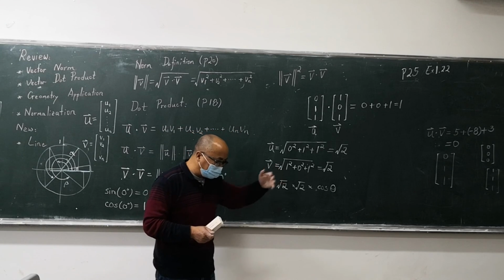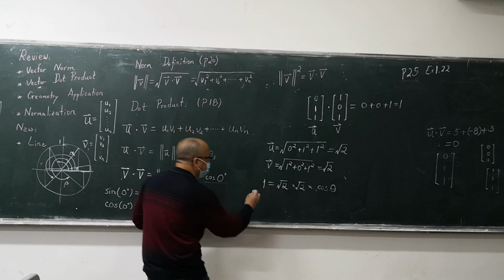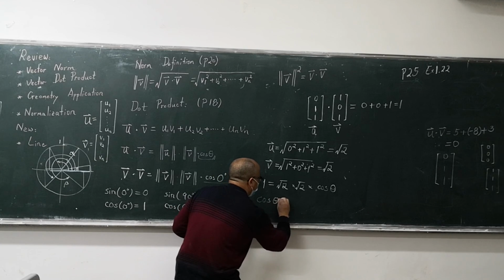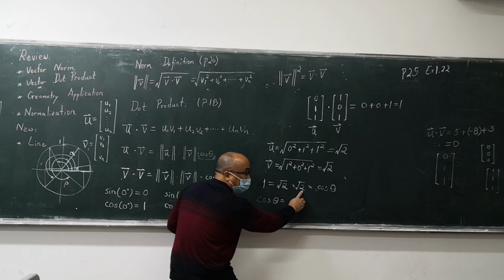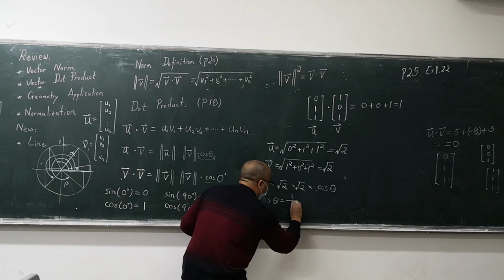So what is the cosine theta value? Cosine theta value, this is 2, move over, it's 1 over 2.